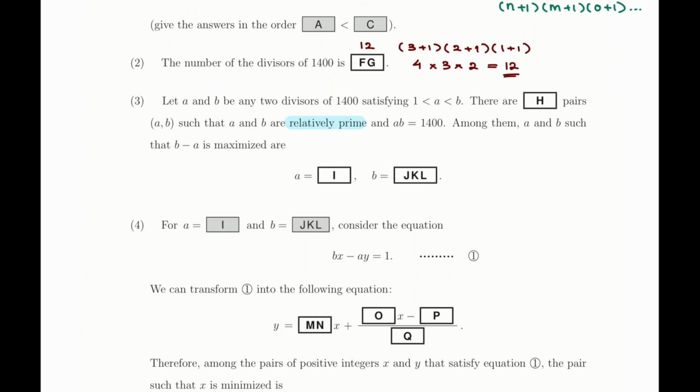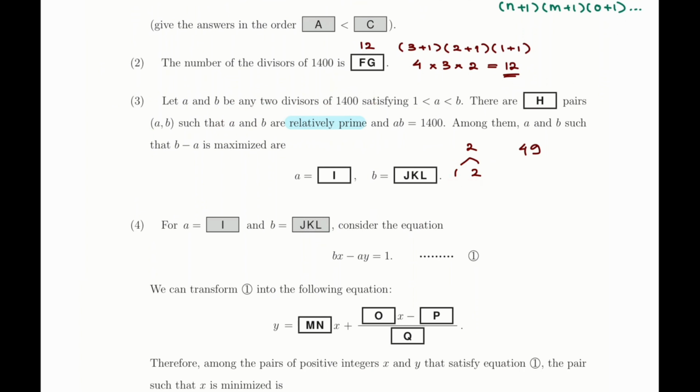For example, if I have 2 and 3, we can say that 2 and 3 are relatively prime because 2 is 1 times 2 while 3 is 1 times 3. Their common factor is 1. So 2 and 3 are relatively prime. I will give you another example. Let's say I have 2 and 49. The factors of 2 are 1 and 2.